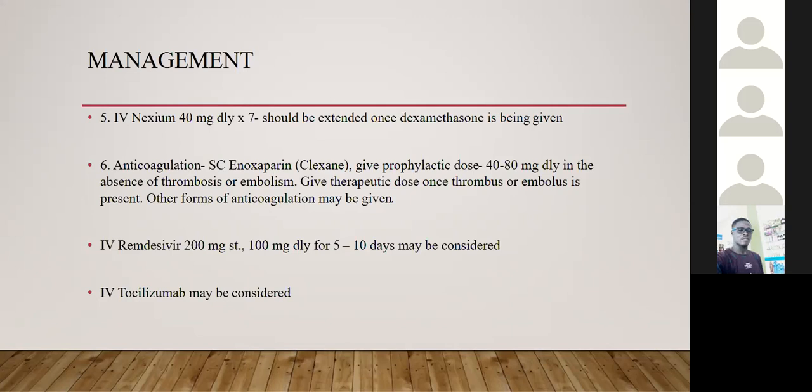When you decide that, okay, it's time to stop the Dexa, you are actually going to replace it with something else. You are going to put the patient on oral prednisolone. Do you get it? So it's not like the patient will stop taking the Dexa shots and then that's it.